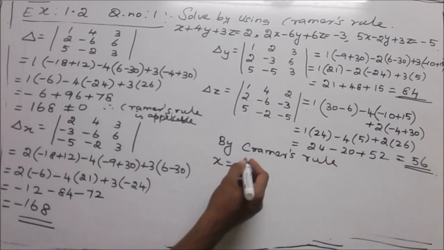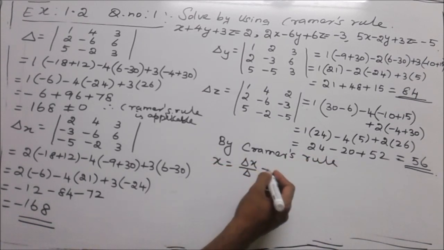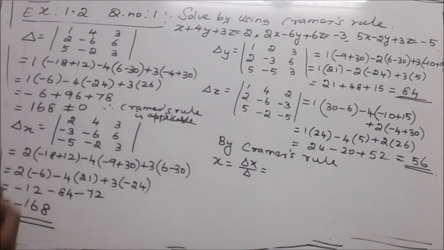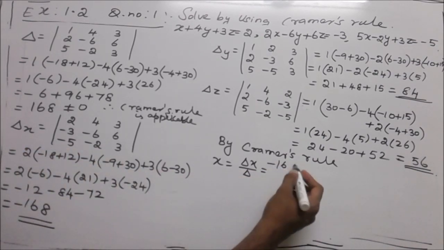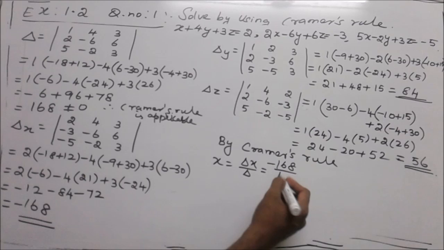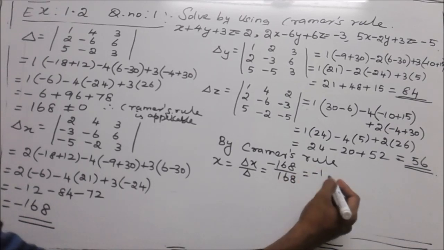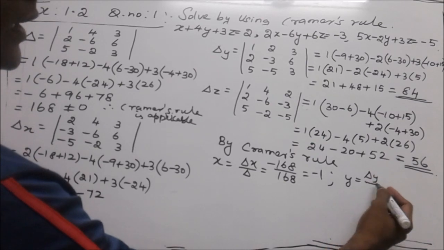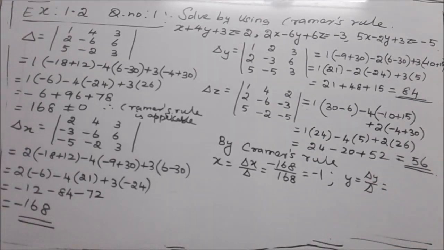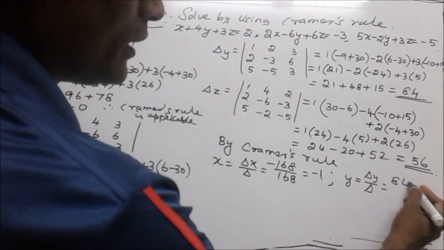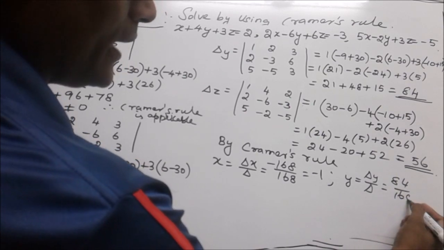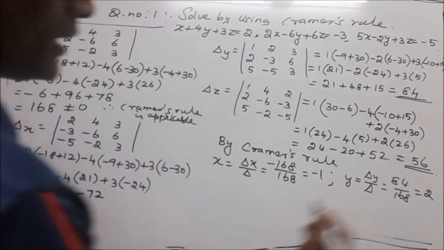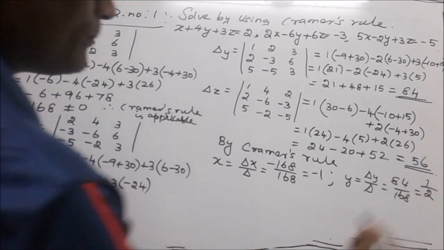X is equal to delta x by delta, that is equal to, the value of delta x is minus 168 divided by delta value 168 equal to minus 1, and y equal to delta y by delta, the delta y value is 84 divided by 168, that is equal to 1 by 2.